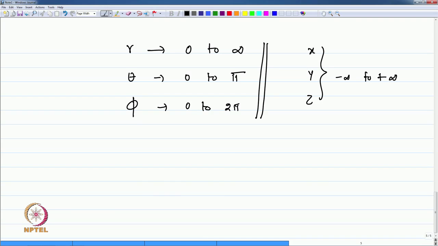Therefore, these are the limits, and dx dy dz, which is the volume element in Cartesian coordinate space, will have to be expressed in terms of the volume element in the spherical polar coordinate system, and that is given by r square dr sin theta d theta d phi.